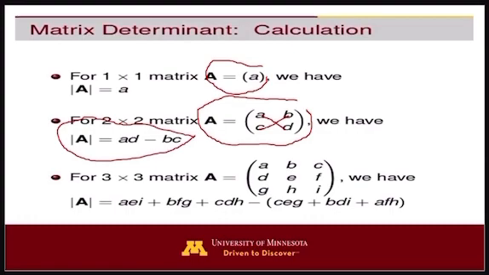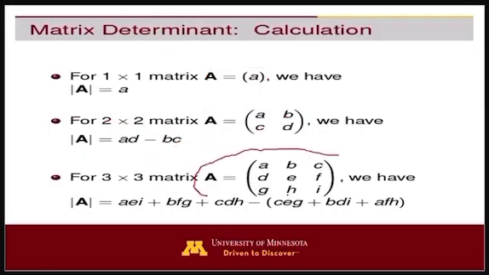But determinants become crazy when the matrix dimension increases. For 3 by 3, we can still find the determinant. We have software that we can use to compute it, but I want you to understand the mathematics behind the software.